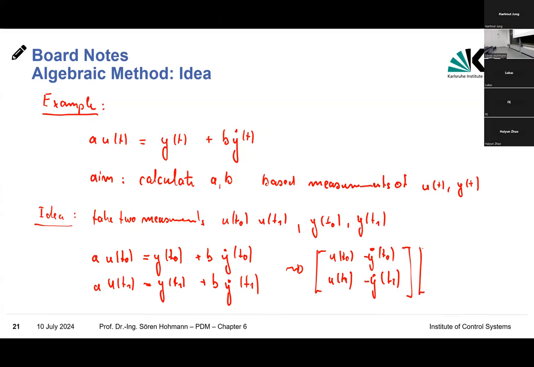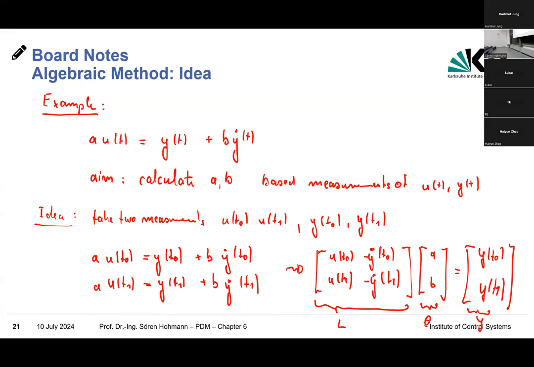Multiply everything with A and B. And on the right-hand side, we write down the following thing. Well, then this is a matrix L. Our parameter is theta. Our output y. And finish, invert L. You get theta. That's it.